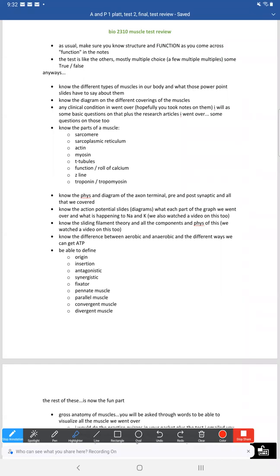A fixator is also known as a stabilizer muscle. Your fixator muscles help to stabilize the area. Your core is a good example: your rectus abdominis, transverse abdominis, and the internal and external obliques, which are part of your abs. If you engage them, they are now fixed or stabilizing, and you can go do whatever movement or activity or sport you need to do.